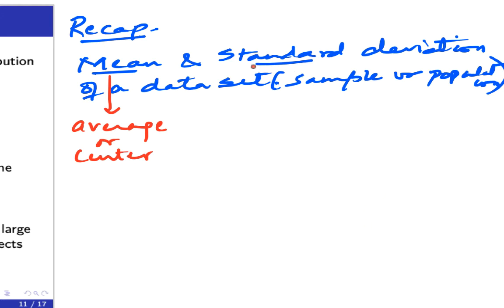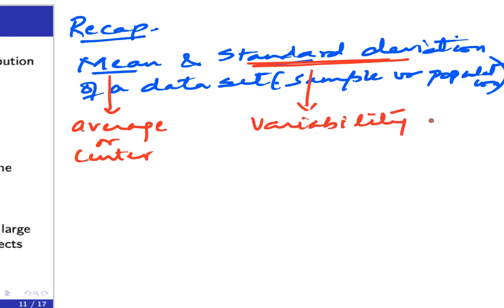The standard deviation is pretty obvious. It means the variability or the spread in the data set, how far away the data values are, that's your standard deviation.